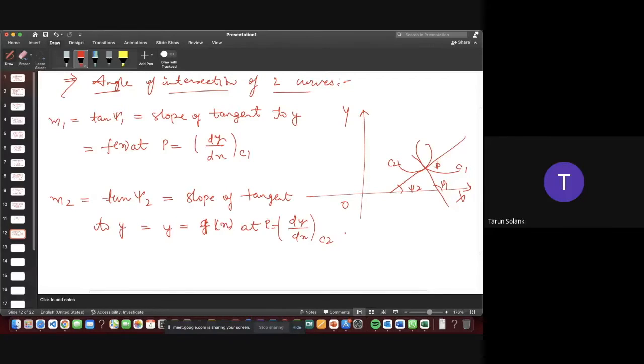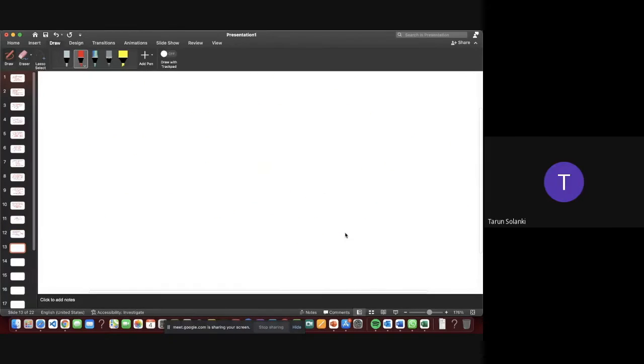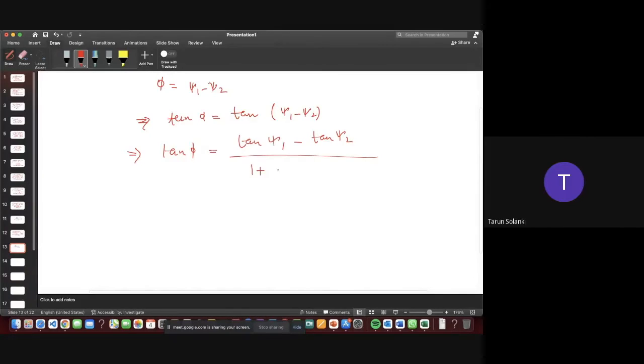So here we can see this phi is equal to psi1 minus psi2. That means tan phi is equal to tan of psi1 minus psi2. So tan phi is equal to (tan psi1 minus tan psi2) divided by (1 plus tan psi1 tan psi2).